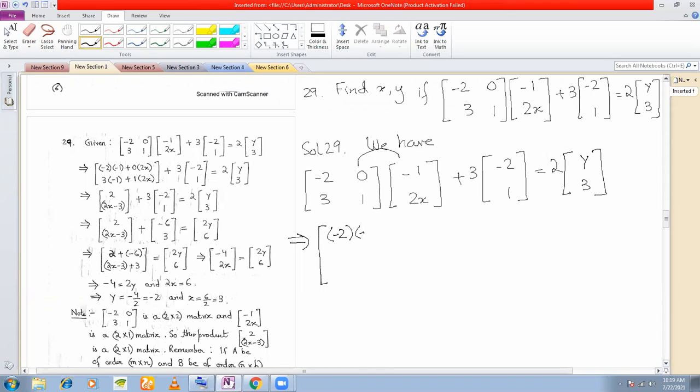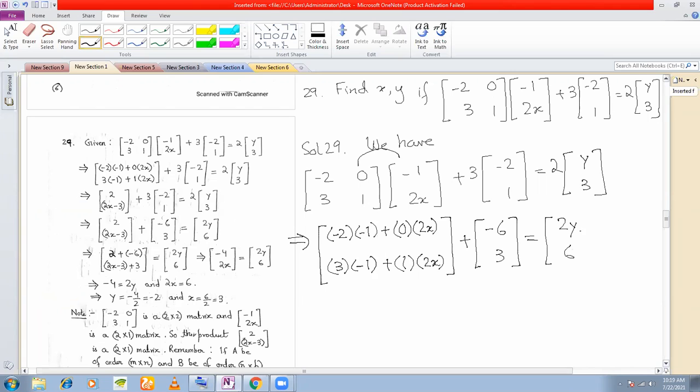So -2 into -1 plus 0 into 2x. Right? So first row, first column over. There is no second column. And now we have second row, first column: 3 into -1 plus 1 into 2x. Plus 3 into -2 will give you -6, and 3 into 1 will give you 3, is equal to, here you multiply 2 throughout, 2y, and you get 6 here.